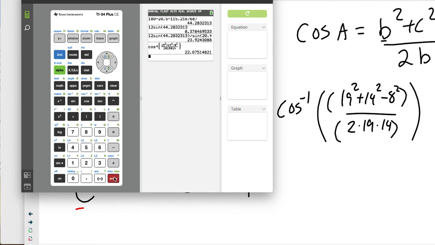If you don't use the fraction symbol, then you got to put the top in parentheses and the bottom in parentheses. So there's two ways you can put this in. There we go. Both end up in the same answer. So we get an angle of 22.08.